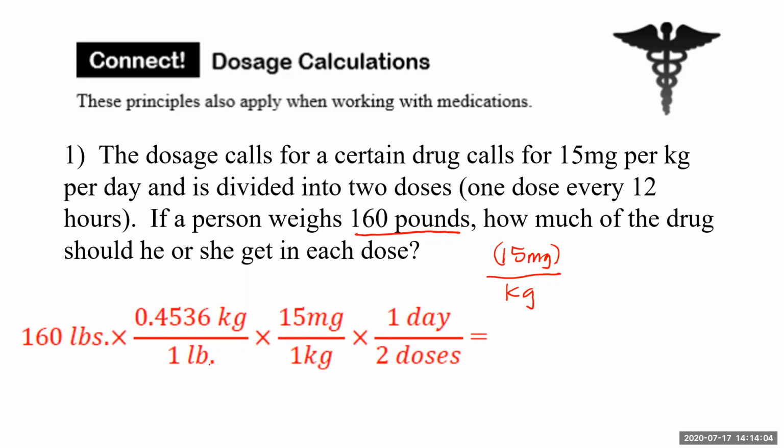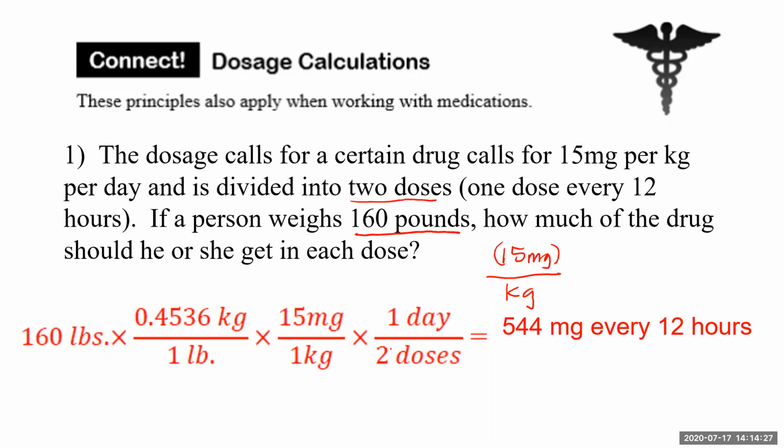You're using the factor label method. And don't forget that it said this is divided into 2 doses, so you divide your final answer by 2. And this is how much of the medication you should dispense every 12 hours.